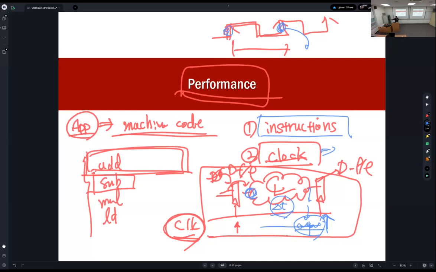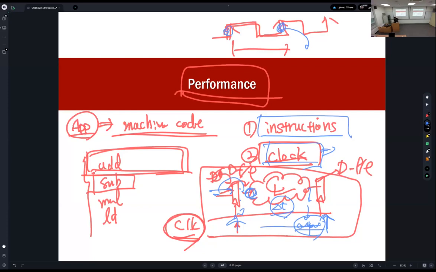I also explained the operation of the system: at the rising edge of the clock, a signal is input and delivered to the combinational logic, the output is generated, and this output is sampled by another flip-flop. This is the basic operation of a digital system.